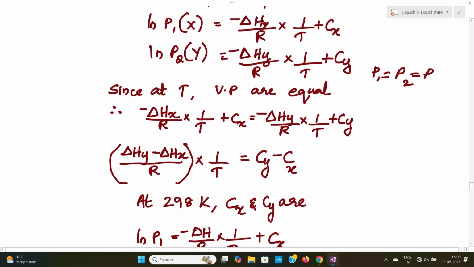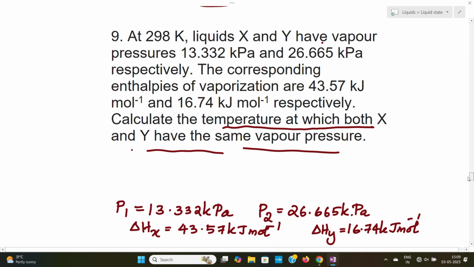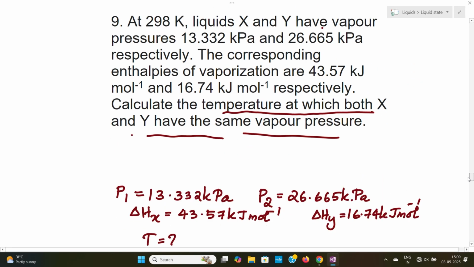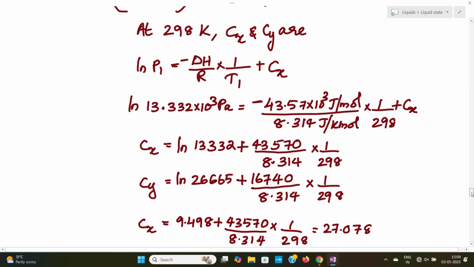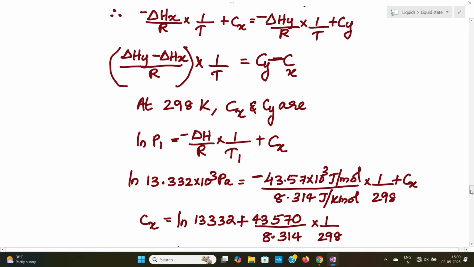That is delta Hy minus delta Hx divided by R into 1 by T is equal to Cy minus Cx. This Cx will come this side, therefore the negative sign. So now we have to find out at 298 Kelvin, what is Cx and Cy, that we have to find out.